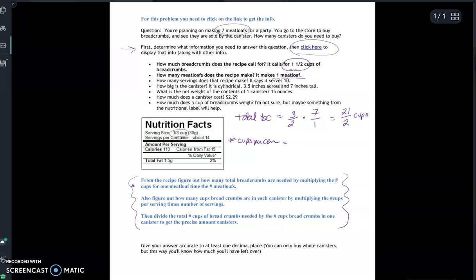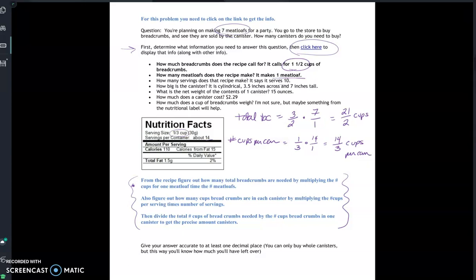That says to multiply the number of cups per serving, which is 1/3, times the number of servings, which is 14. And so that gives me 14/3 cups per canister. I'm just going to say can, but it's like a cardboard cylinder type thing.